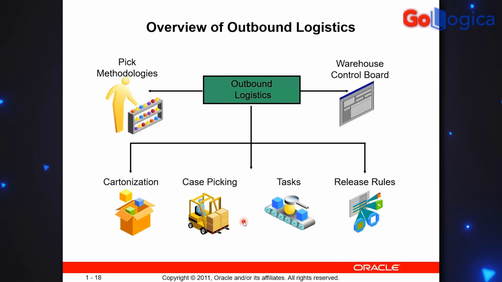Just a question on case picking. If an LPN has four pieces and we want to pick one, is that case picking? See, case picking means you have to pick the full case.